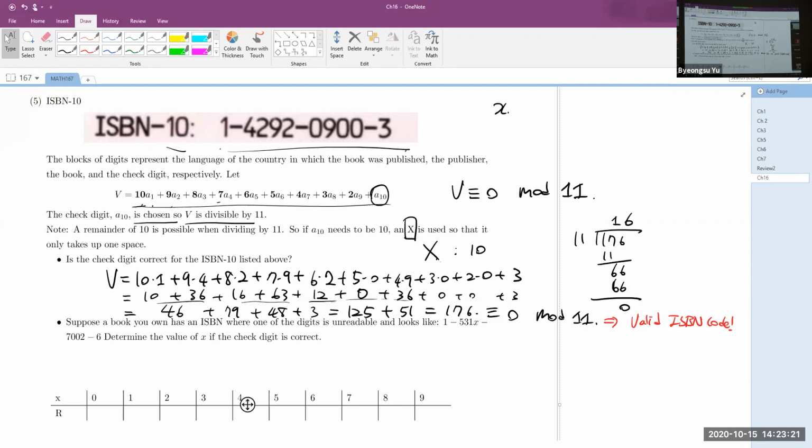If it is not 0, then it's a wrong number. So after calculating V, you need to check whether it is 0 mod 11 or not. If it is 0 mod 11, you're fine, but if not, then definitely there is something wrong.